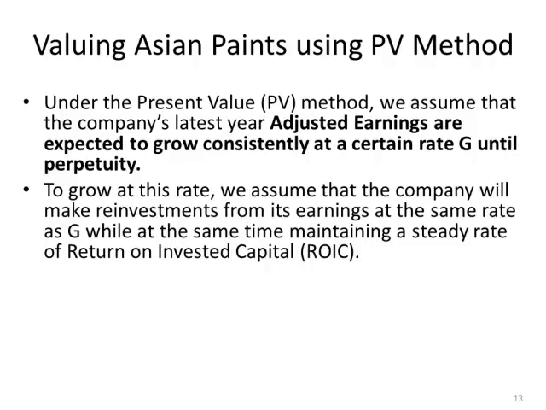If earnings are growing by a certain amount every year, the company continually needs to make additional investments so that the return on invested capital stays the same. If earnings were growing but investments were not changing, ROIC would have to go up, which is not sustainable in the long run. So we'll assume that ROIC stays the same, and both investment and earnings grow at the rate G.